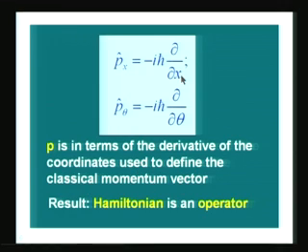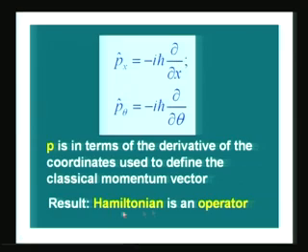Here the coordinate used is x, here the coordinate used is theta, so two things, but a derivative is an operator. A derivative has to act on a function to give you something. A derivative by itself does not have a meaning. So the result of this is that the Hamiltonian is not the classical quantity of sum of kinetic and potential energies alone, but in addition the Hamiltonian becomes an operator.